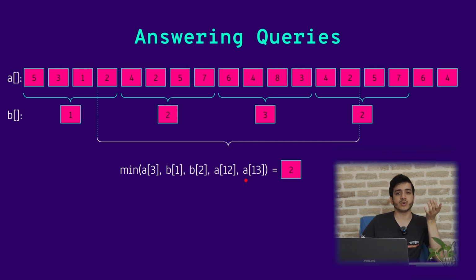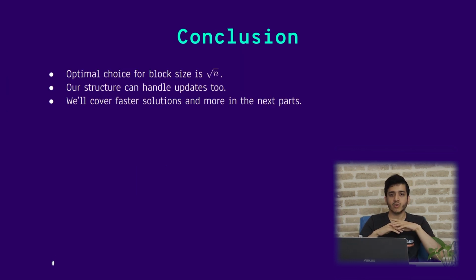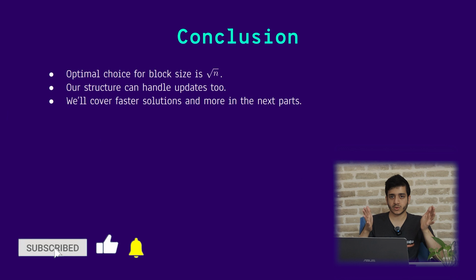Now you might wonder, why stop at 4? Why not 10, 20 or even more? The challenge lies in finding the optimal block size. If the blocks are too large, the number of single elements we have to process grows. It's a trade-off. What is the optimal choice?